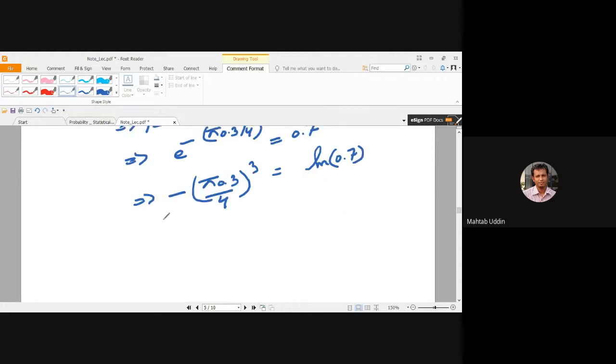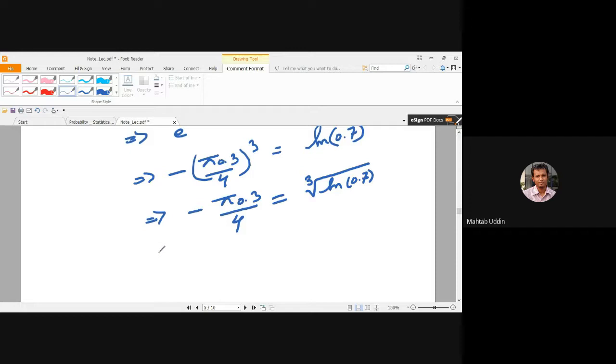Now taking cube root on both sides, since for a cubic function the minus sign has no effect, we can write pi 0.3 by 4. In case of cube root, minus will not have any effect, but if there is a square, definitely there is some effect. Do you understand? Yes, sir.